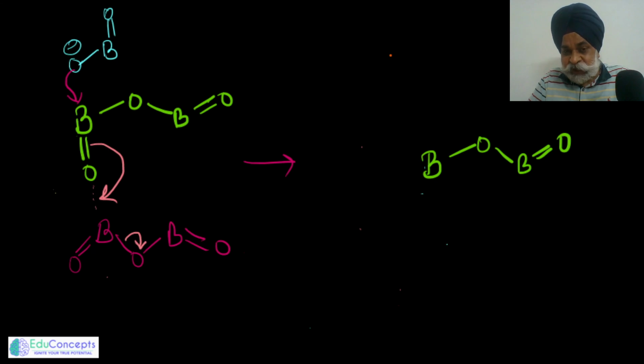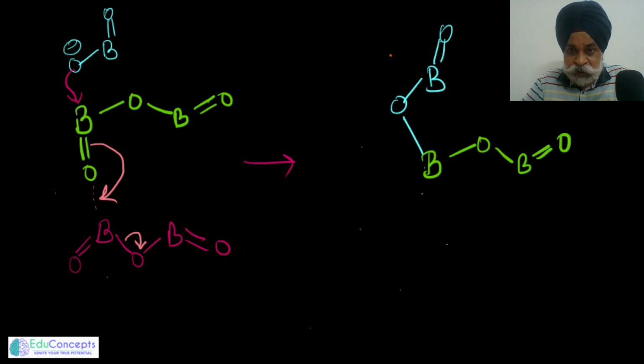What exactly I have done here is I have attached onto this green boron, taking the same color for ease. This is the boron which I have attacked, and this got joined to the boron of the red color.